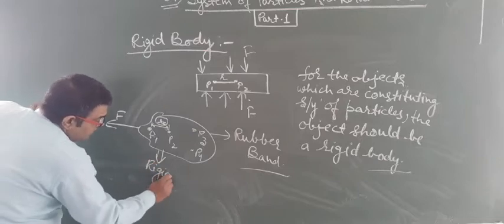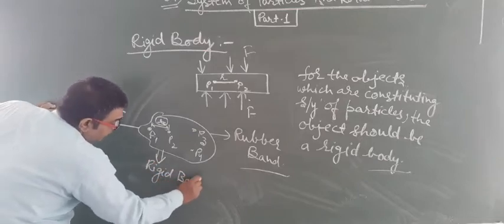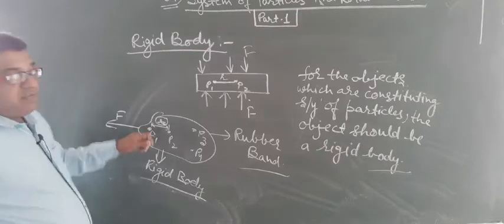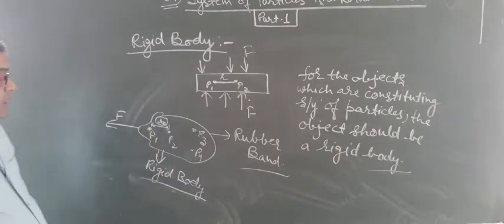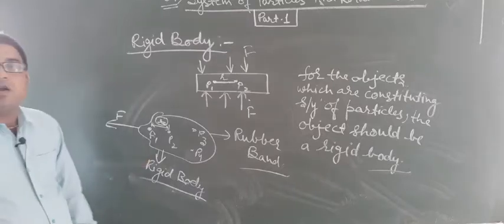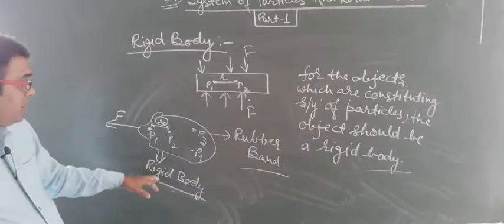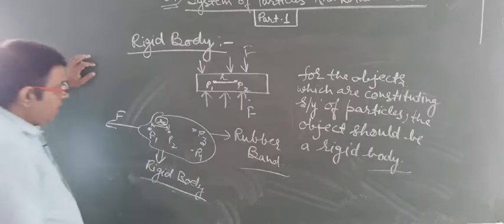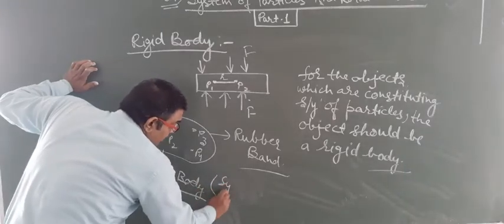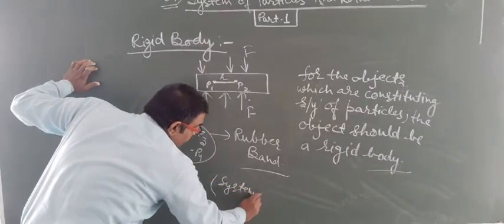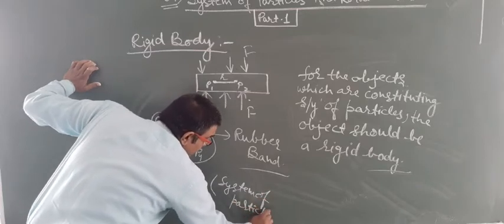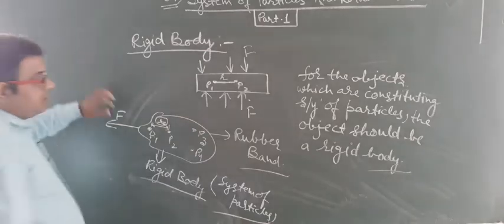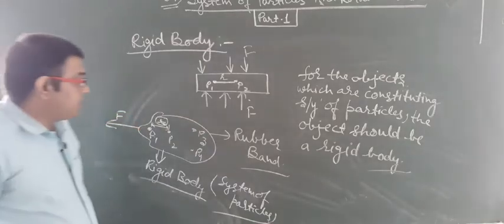It cannot be considered a rigid body, because after the application of force, the separation between the points is going to vary, and since it is not a rigid body, it cannot be a system of particles.